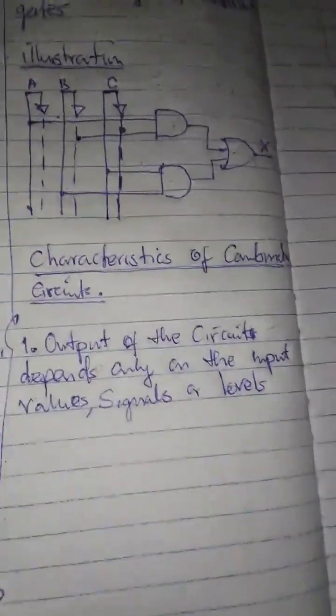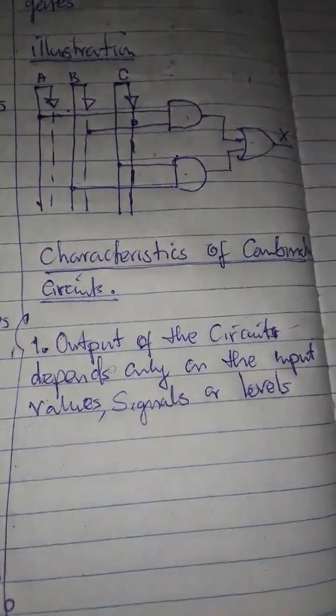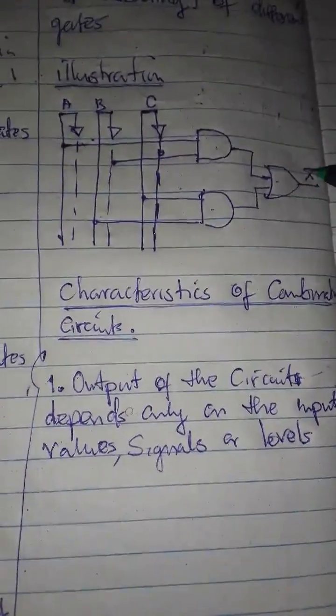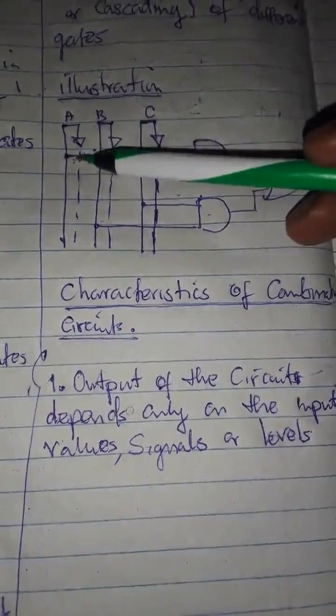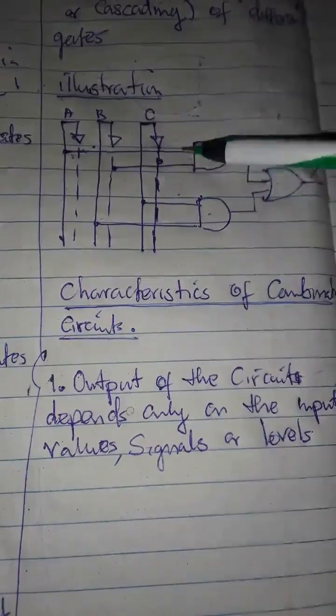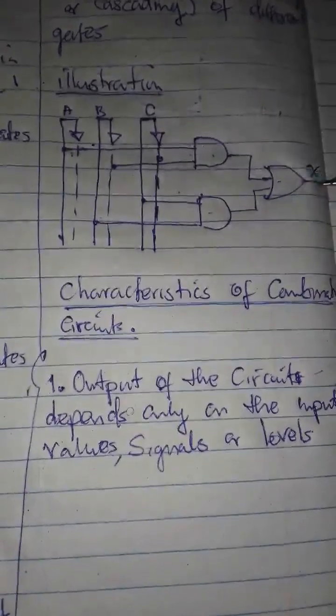In a combinational circuit, the output that you get on X depends on the type and also the magnitude of the signals that you enter into the circuit.